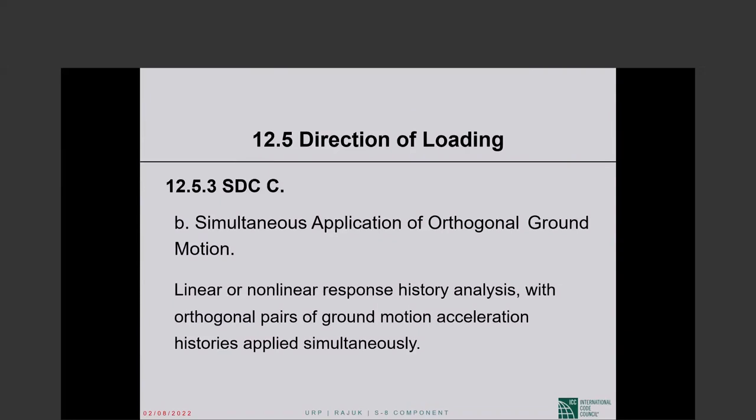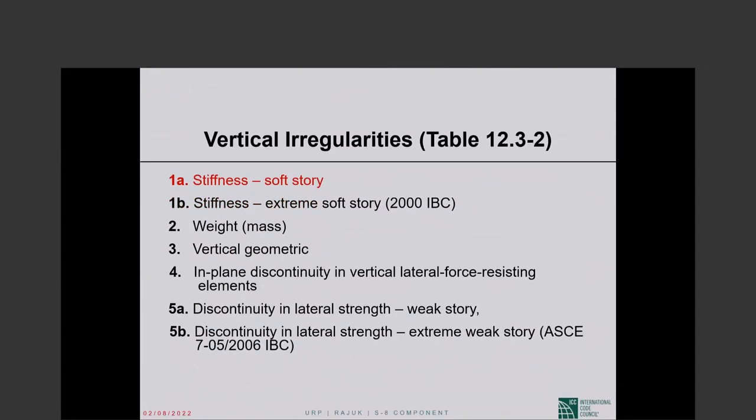You hit the building with earthquake in the X direction, earthquake in the Y direction, actual acceleration histories, and you do inelastic time history analysis, 3D analysis. Obviously, you have accounted for orthogonal effects very directly. Cannot go wrong with that.